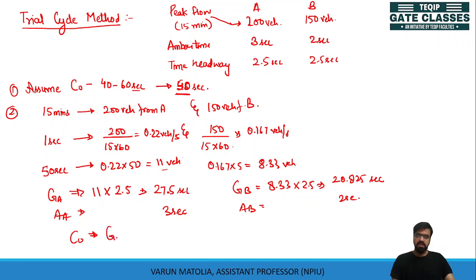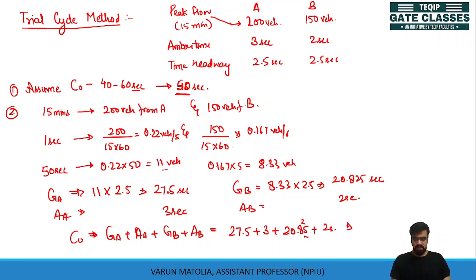Cycle time is green time at A plus amber time at A plus green time at B plus amber time at B. Let's sum it up.